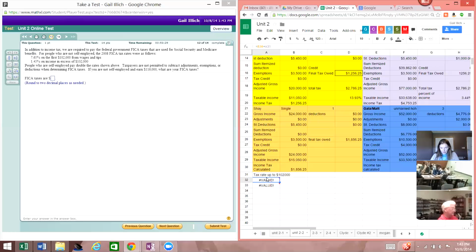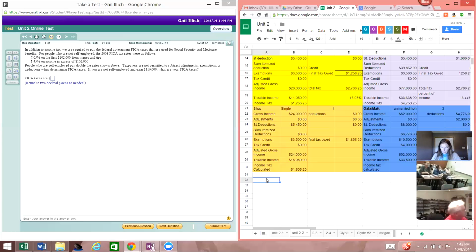And then tax rate over 102,000. What else do we need? We need our earnings. This one's kind of easier just to do. I'm going to let y'all do this without having to build a calculator. So let's just think about it.